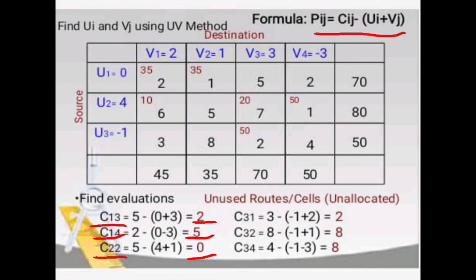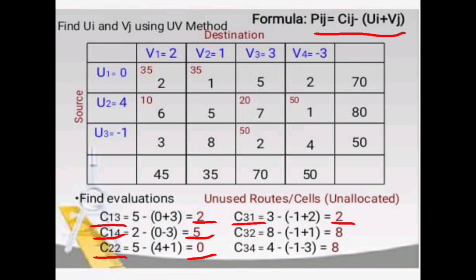And then row 3 and column 1, the C_ij is 3 minus U_i plus V_j, so our U_i is -1, and then V1 is 2.